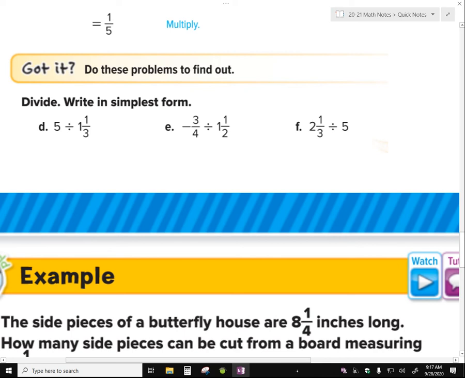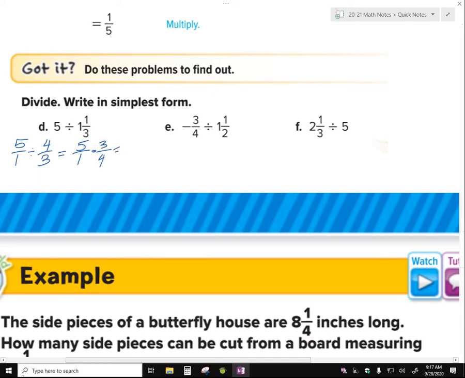So we have 5 divided by 1 1/3. I need to make 1 1/3 an improper fraction and also 5 an improper fraction. So I'm going to first rewrite it as 5 over 1 divided by 4 over 3. I need to find the multiplicative inverse, the reciprocal. 5/1 multiplied by 3/4.